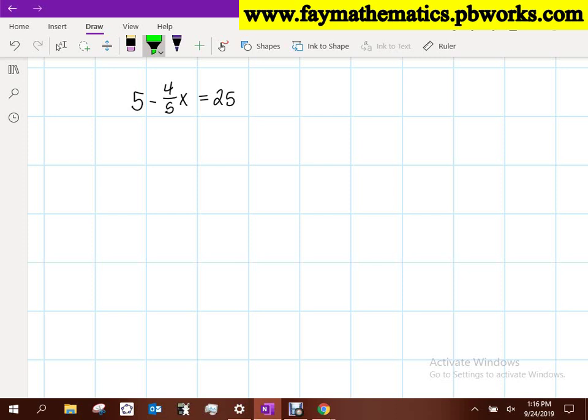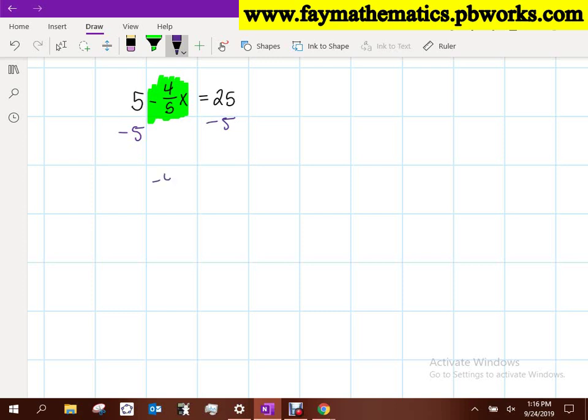Negative 4/5. Good. Negative 4/5 x. And the reason I want to say that is that when I make a new line here, I want to make sure that that negative 4/5 doesn't disappear. We'll talk about it when we do that first step. So if that's not going to go anywhere, we're going to leave that there. What's the first thing you're going to do? Lindsay? Subtract 5.